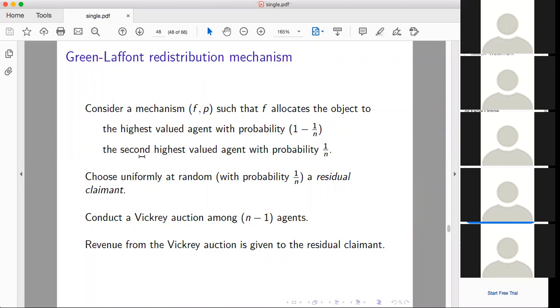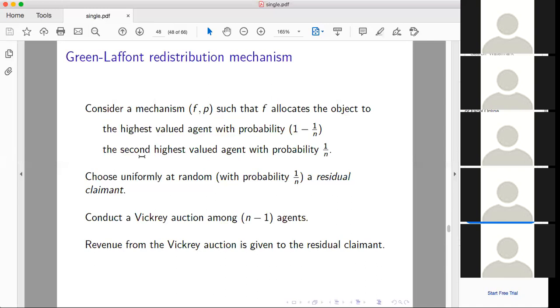So amongst those n minus 1 agents, it will choose the second highest agent's value to be the payment. That payment is given to this residual claimant. Notice that once you do the randomization, this deterministic mechanism is incentive compatible, right?